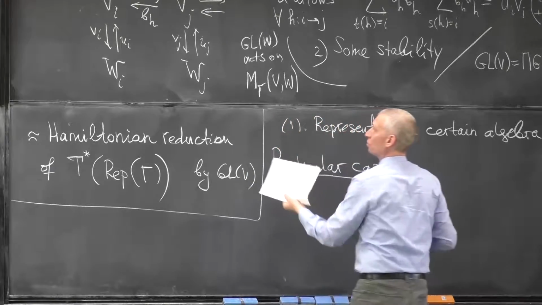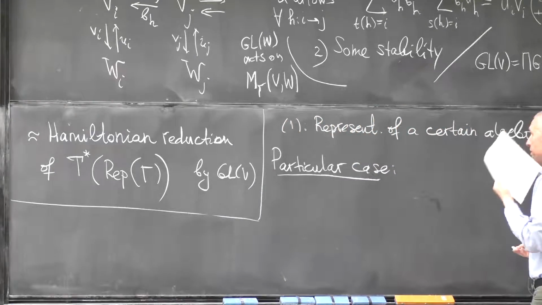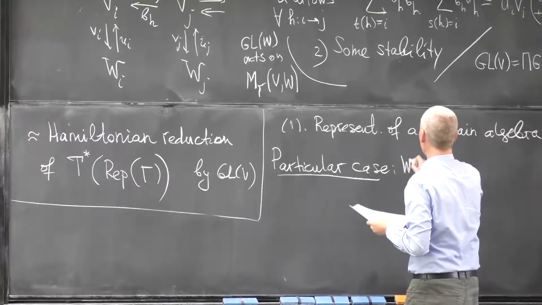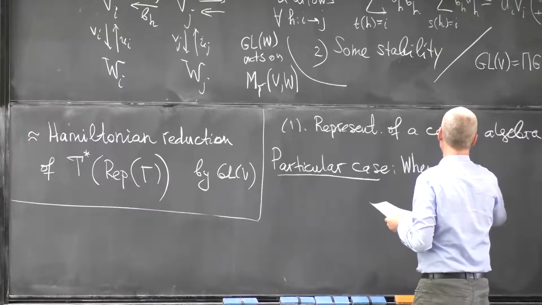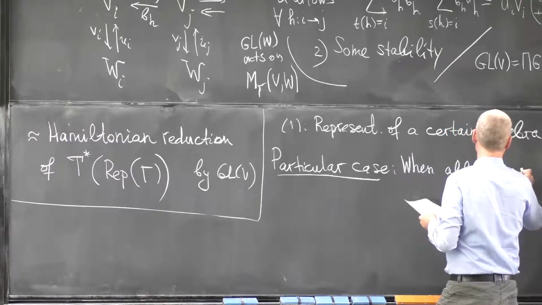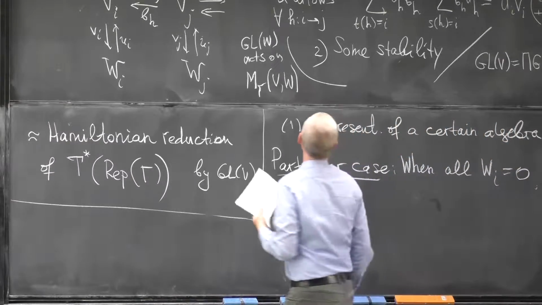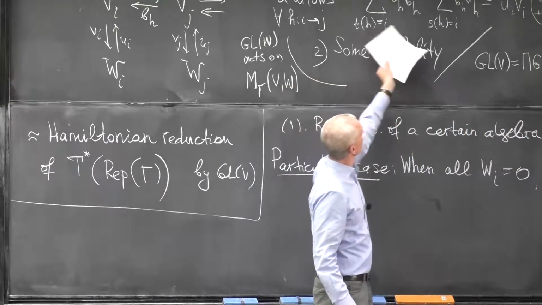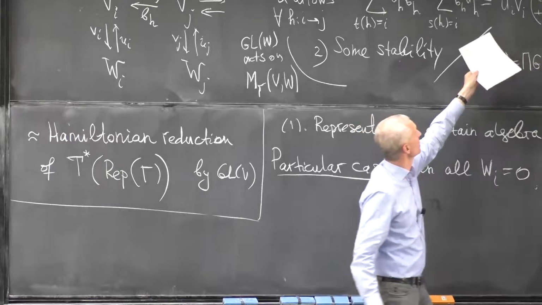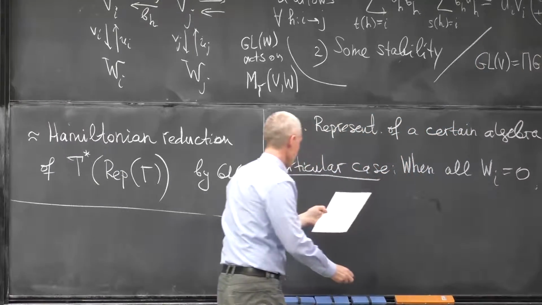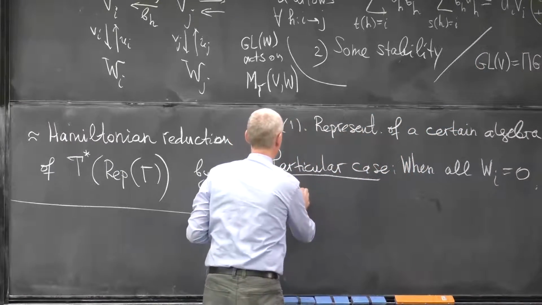This is more to this Hamiltonian reduction picture. So, when all Wi are 0, then we have the condition that this sum is equal to 0 because there is nothing there to go. So this is known as the pre-projective algebra.